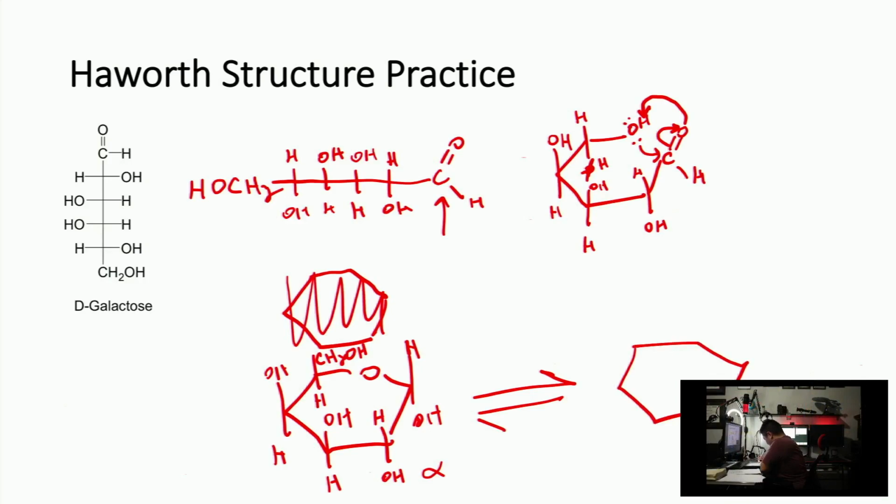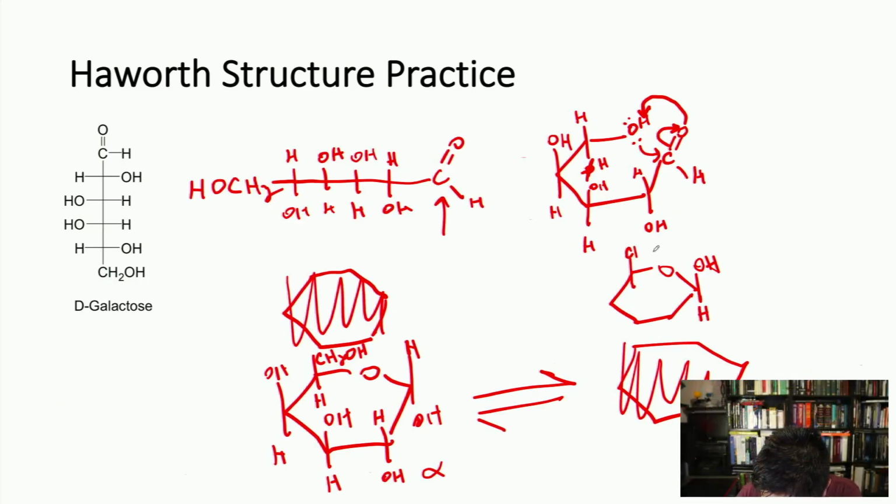So we have to draw that one too. Except I forgot to draw the oxygen again. This was a problem with me when I was in school too. Drawing sugars, I always forget to draw the oxygen inside the ring. There we go. So this one has the OH on top. H. Everything else is the same though. CH2OH.